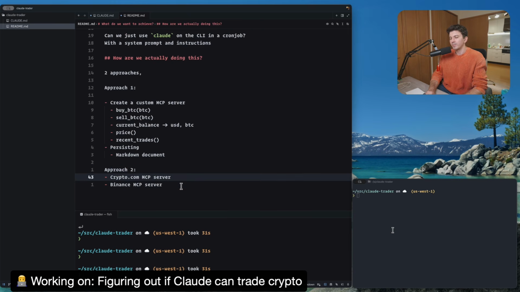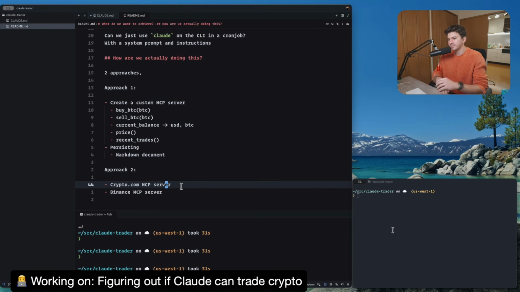Approach two, we don't need to build anything because we could just use those if we want. But I think in the beginning, maybe we want to paper trade a bit. So I think it makes more sense to have a custom MCP server that we can hook up to Claude.